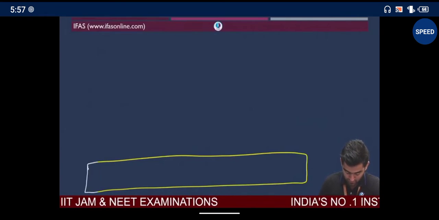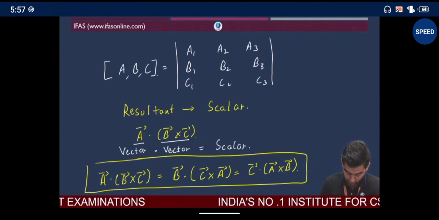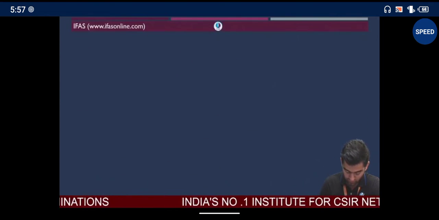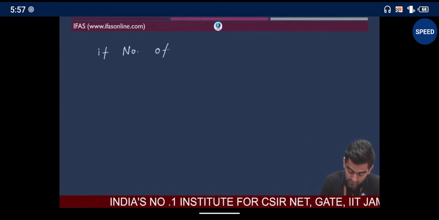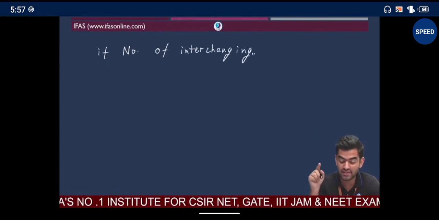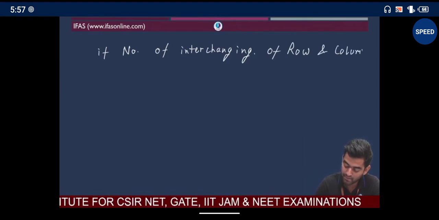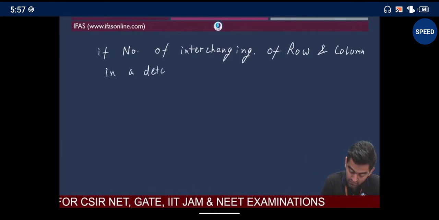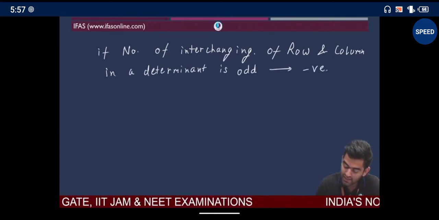Now, it basically states that if the number of interchanges, that is if I have interchanged A with B, B with C, and these kinds of interchanging of rows and columns in a determinant, is odd, then there will be a negative sign associated with it.